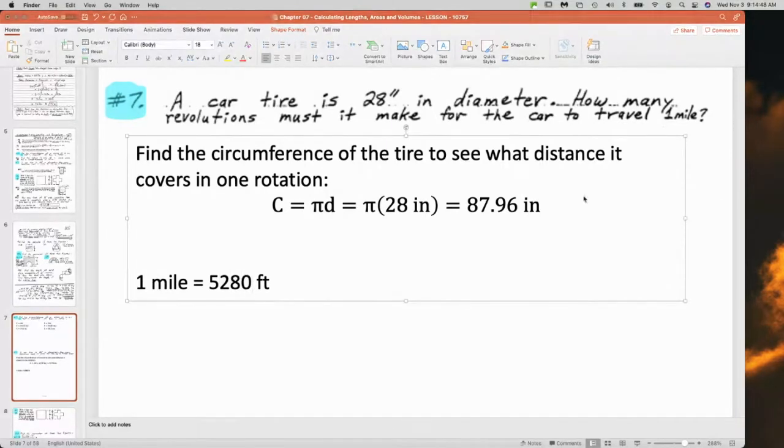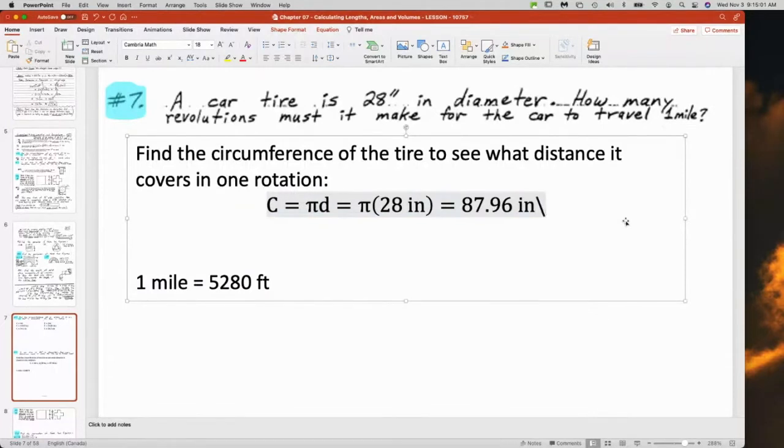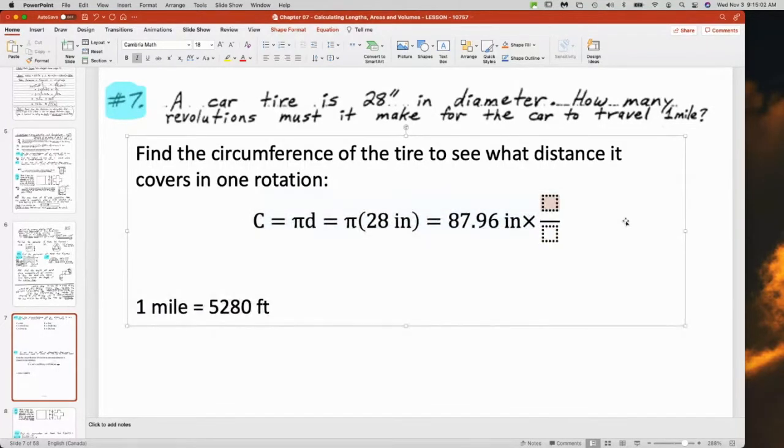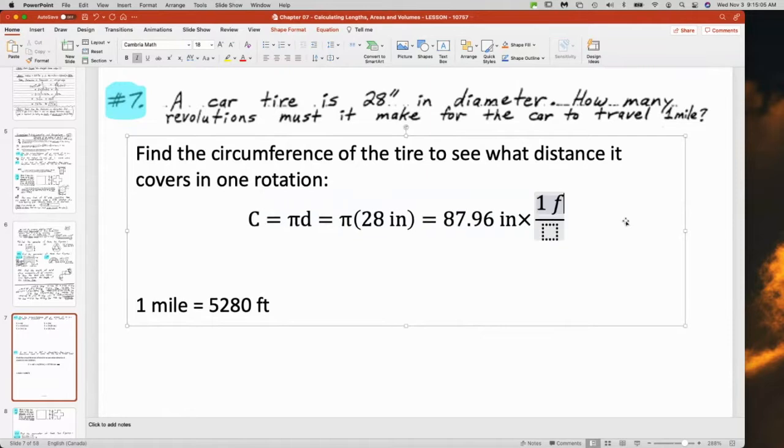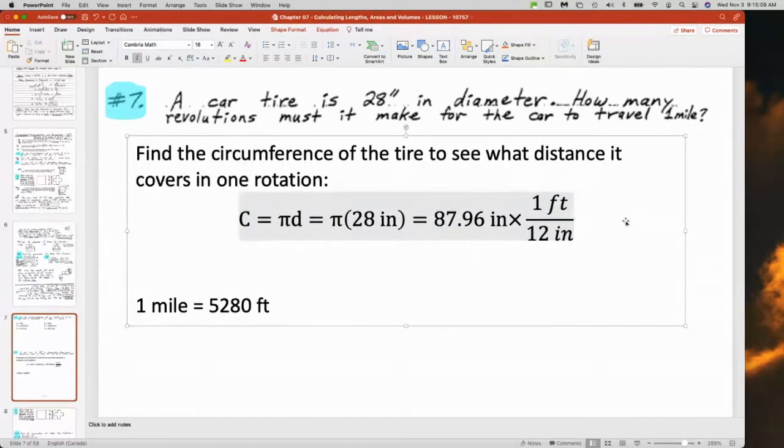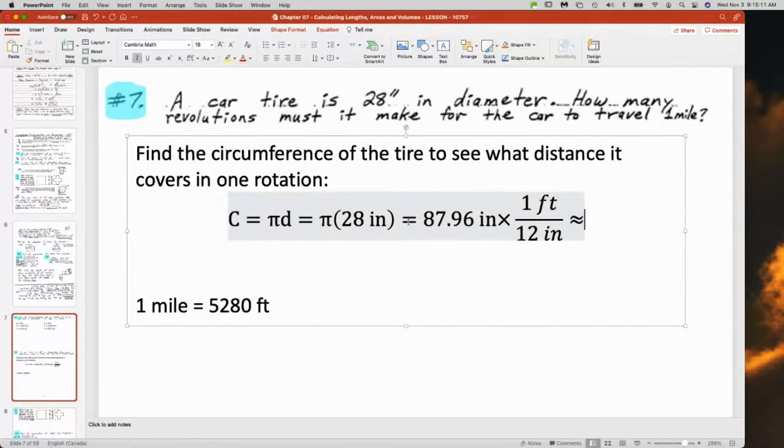5280 feet. So the thing that I'm emphasizing here is that it's feet. So it would be of interest to us to convert this answer for circumference into feet. So we can divide by 12 to do that. So what I'll do here is I'll multiply by 1 foot for every 12 inches, or in other words, just divide by 12.